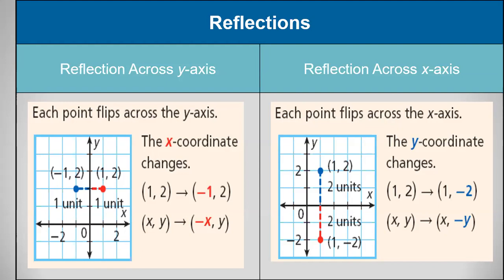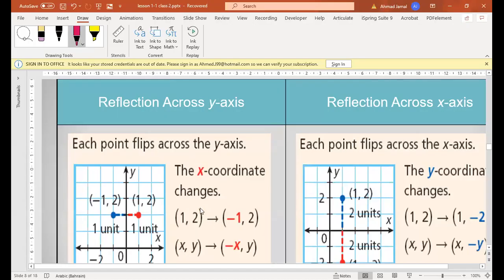In reflection across the y-axis, what is the meaning of the reflection across the y-axis? So y still stays as it is. If we reflect across the y-axis, the coordinate y is still as it is.